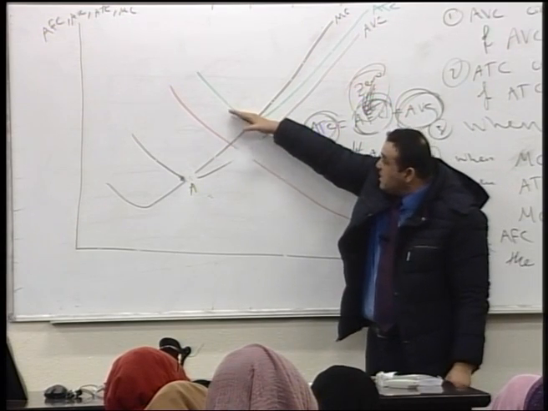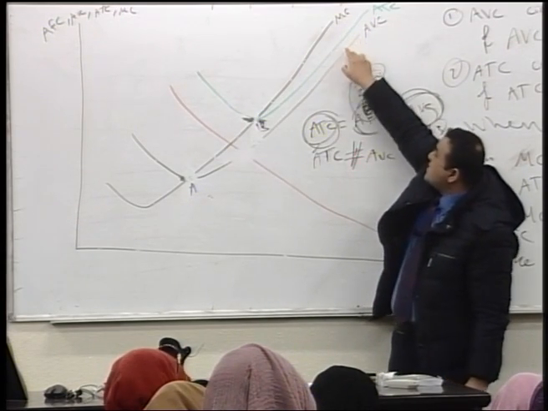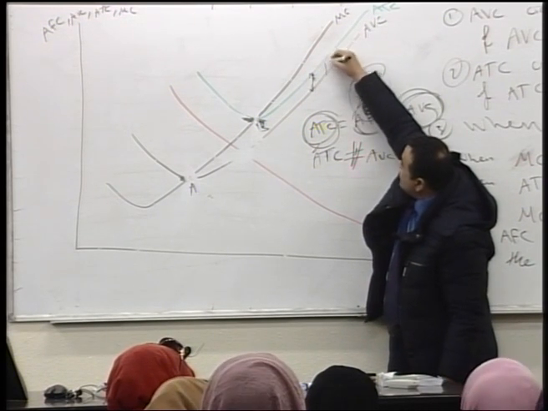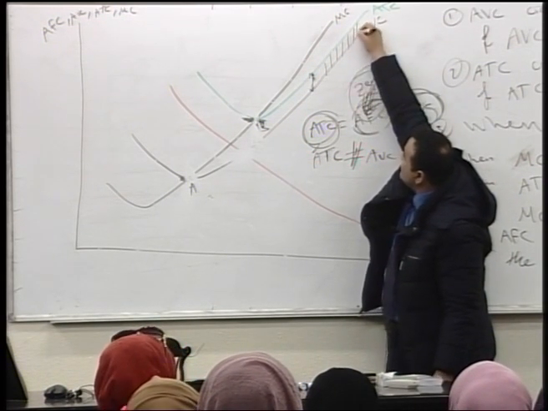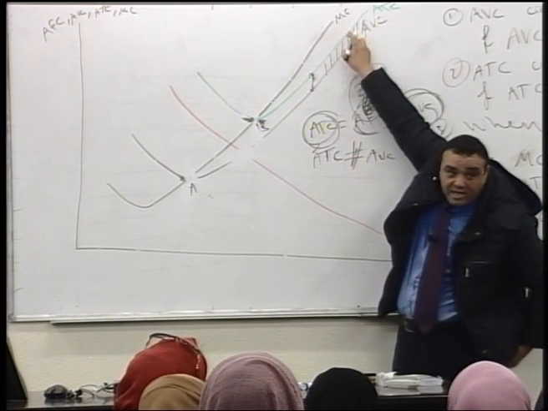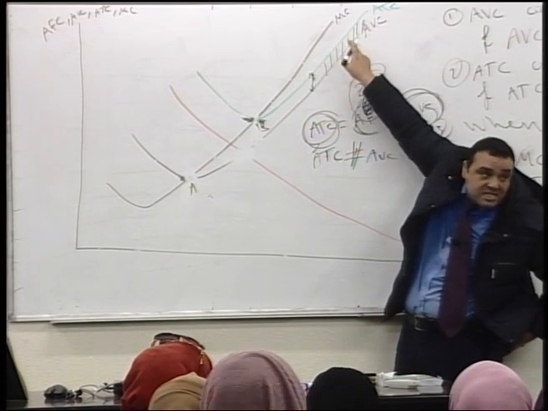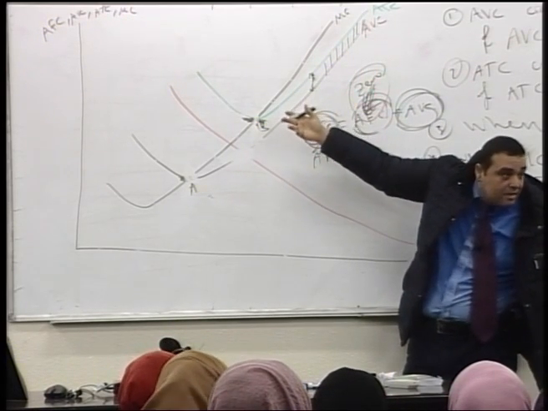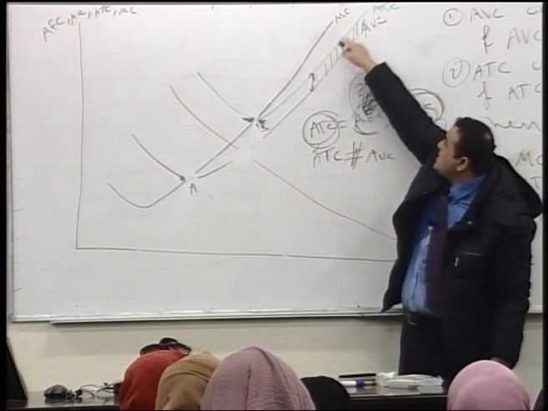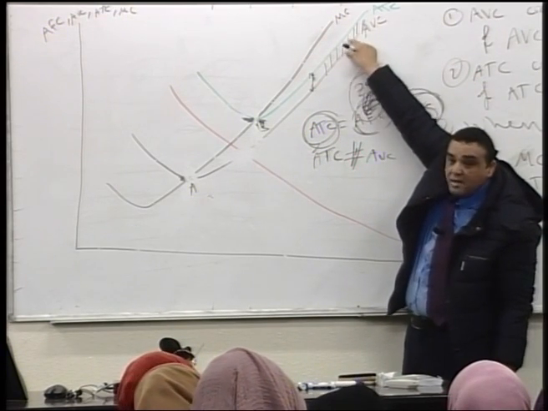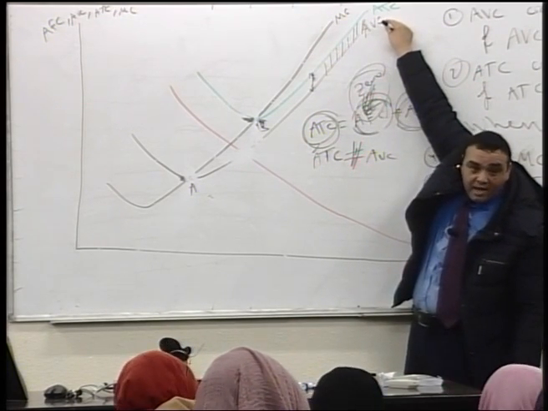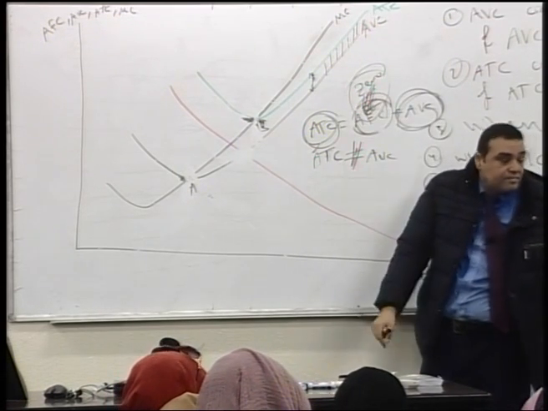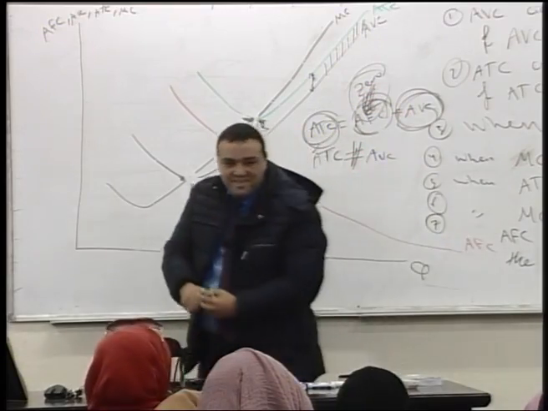ATC is always bigger than AVC. What is the vertical distance between ATC and AVC? ATC minus AVC equals what? AFC. Right? This vertical distance between ATC and AVC keeps shrinking as the quantity increases, and we call it AFC. Thank you.